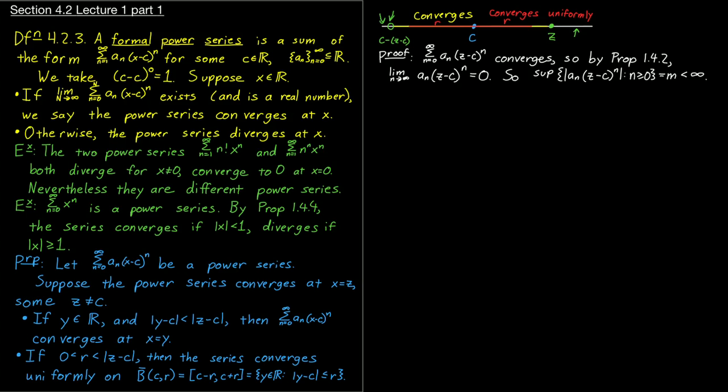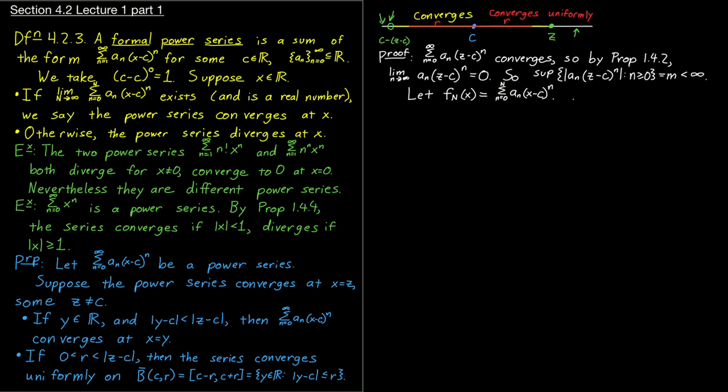And now let's look at what happens elsewhere. Let's let f sub n of x be our partial sum. That's a perfectly good function defined on all the real numbers.